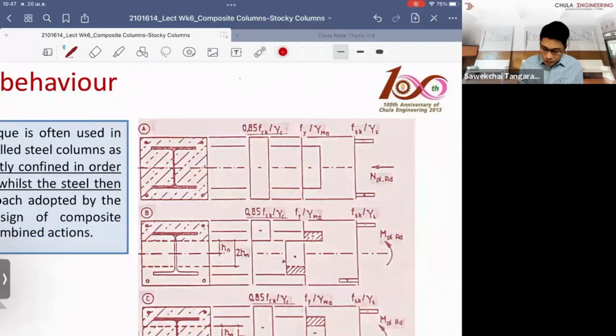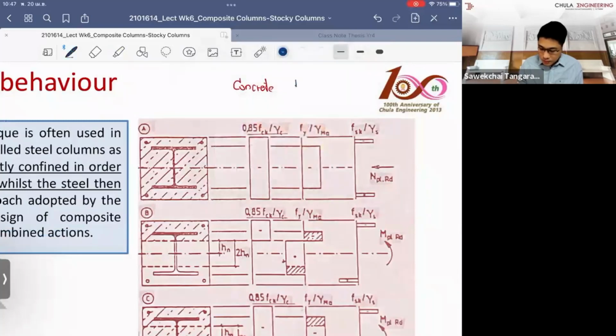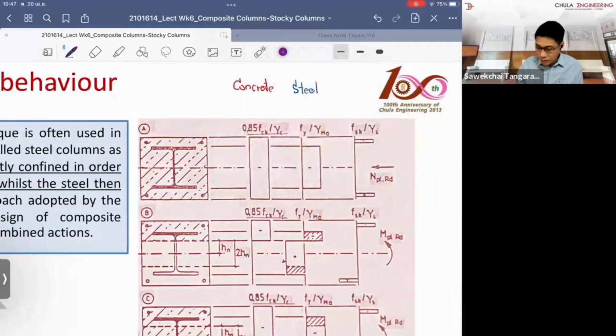The first one is the concrete. The second one is the steel, which is the steel structure. And the last one is the rebar, the reinforced concrete bar. Or I put steel bar there, to be short.